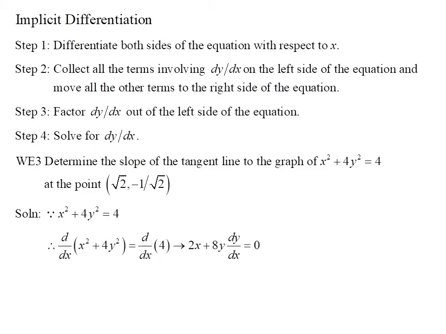Accordingly, d of x squared plus 4y squared, all in parentheses, with respect to x, equals d4 by dx, which is written as 2x plus 8y times dy by dx equals 0. Hence, dy by dx equals negative x over 4y, which equals 1 over 2 when x equals square root 2 and y equals negative 1 over square root 2.